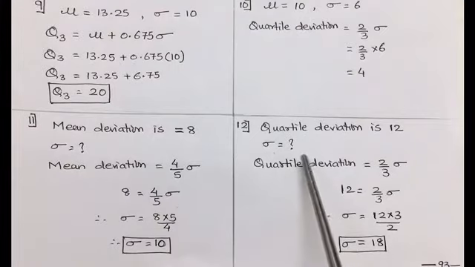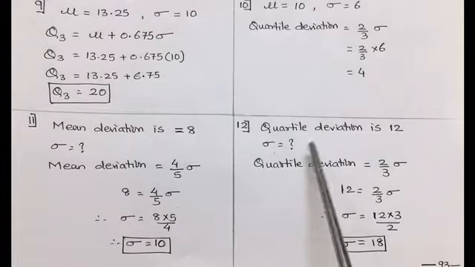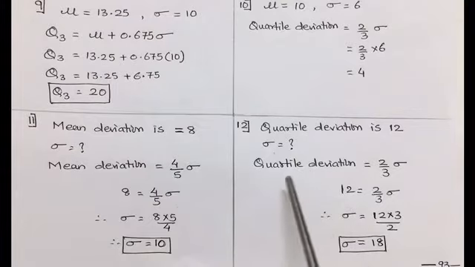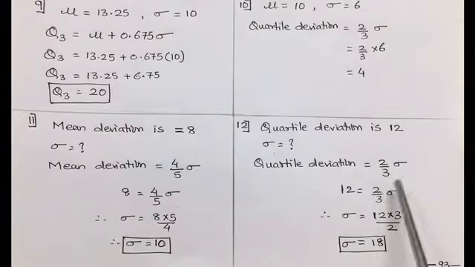The 12th one is quartile deviation given is 12. Standard deviation is to be calculated. The quartile deviation formula is 2 by 3 sigma. Putting the value of quartile deviation as 12, 12 is equal to 2 by 3 sigma.